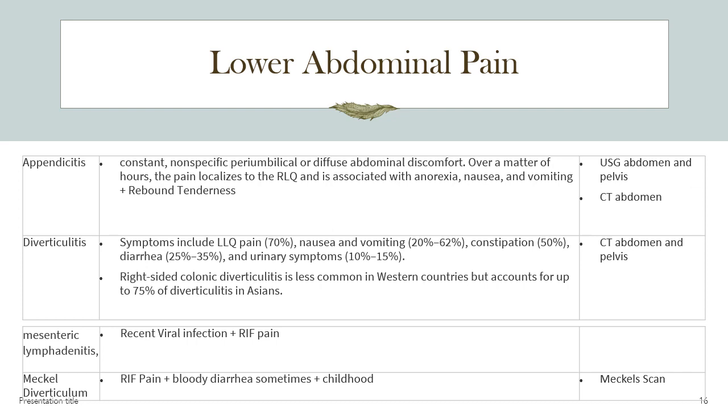But these are the four major areas that you have to consider while approaching the patient with upper abdominal pain. First things first, you have to rule out myocardial infarction, then peptic ulcer disease, pancreatitis, acute or chronic, then biliary causes that include cholecystitis and cholangitis, and lastly hepatic causes.